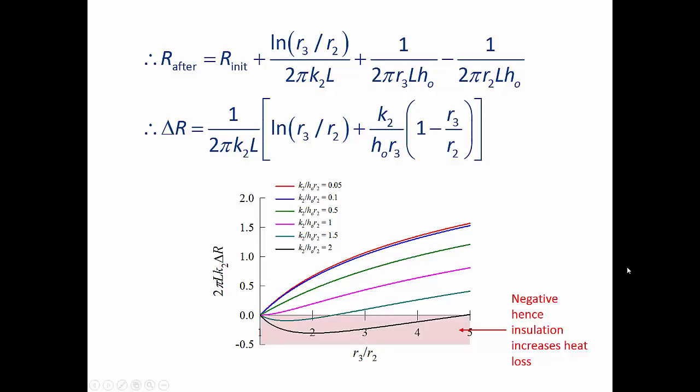This counterintuitive result is actually logical, because what is happening is that the overall increase in surface area, and therefore the overall increase in convective loss, is actually greater than the reduction in heat loss by putting in a layer of low thermal conductivity. It only applies in some cases. You'll see there are plenty of these solutions that are positive, so insulation does as you expect, but there are some cases where it is negative.